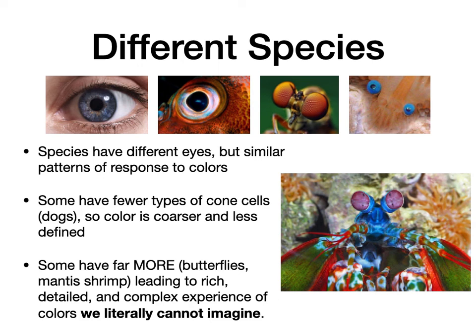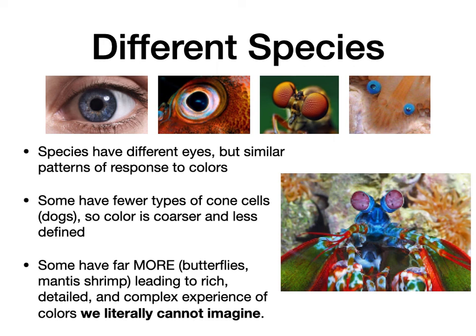Butterflies and mantis shrimp have a lot more types of light sensors, meaning that they can detect things that we literally cannot imagine. They can combine various sources of colors in the ways that we've discussed, to get access to a rich color profile of the world, a complex experience of seeing colors reflecting off of objects.